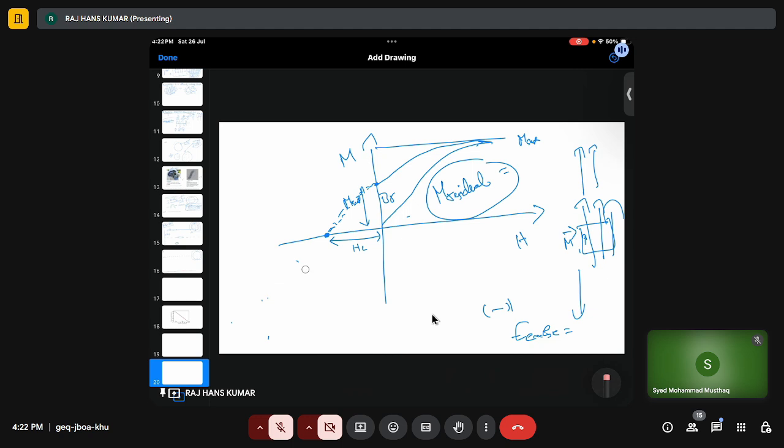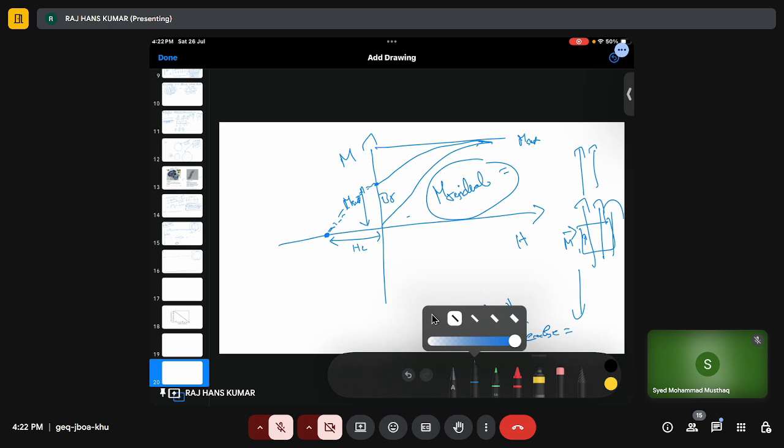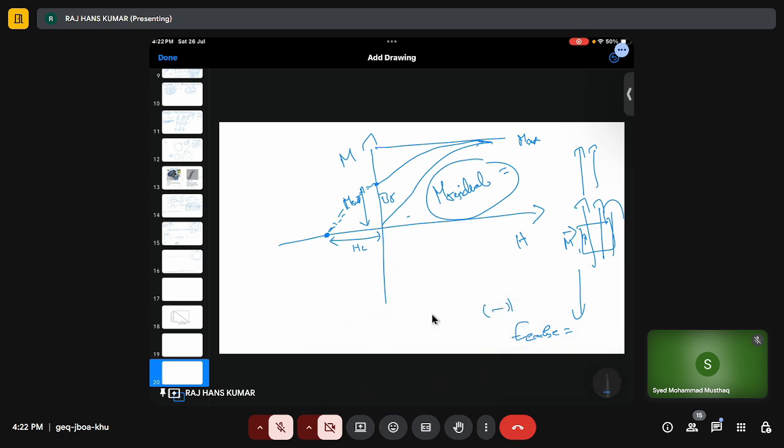In paramagnetic, you will see a very small value of this, it will more or less look like this. In some paramagnetic particles, and most will not have. So this is about ferromagnets and paramagnetic material.